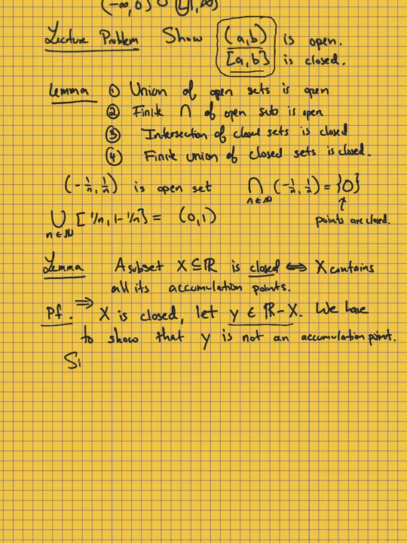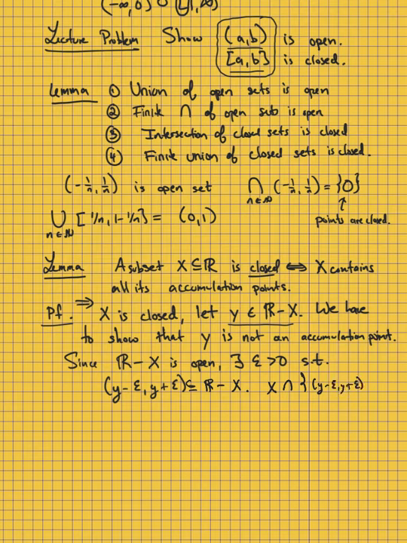Since X is closed, R minus X is open, so there exists some epsilon greater than 0 so that (Y minus epsilon, Y plus epsilon) is contained in R minus X. In other words, if I take X intersect (Y minus epsilon, Y plus epsilon) minus Y, this is strictly smaller than the interval, so it will still be empty.